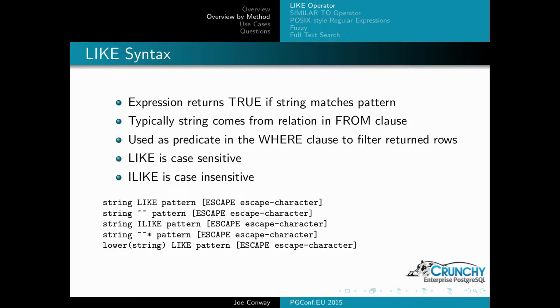You can see the syntax is basically the same. An alternative to ILIKE is to use a function like lower over the string and then compare it to a pattern that has been forced to lowercase as well. And again, I'll show you examples of how that can be used to speed up searches that are case-insensitive.